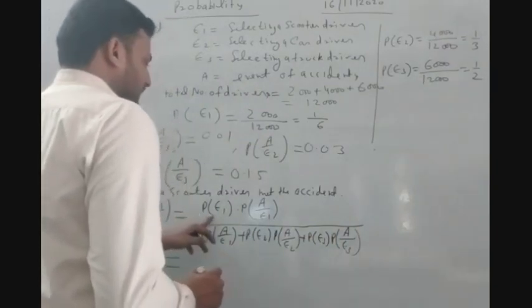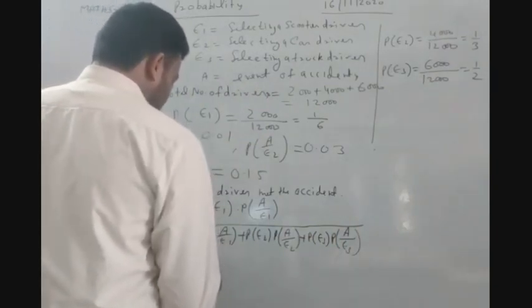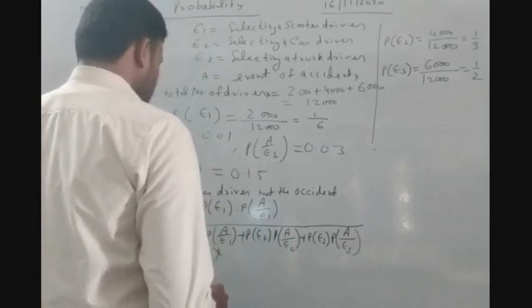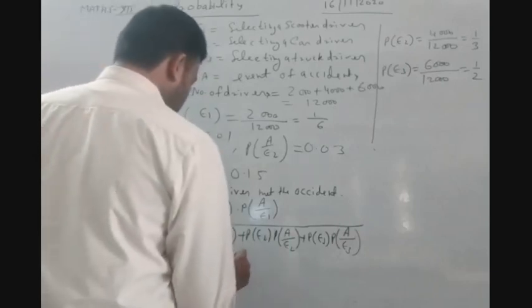Okay. Now we will put the values of all the given information. We will write what? 1 by 6 into our probability of A by E1 is 0.01.